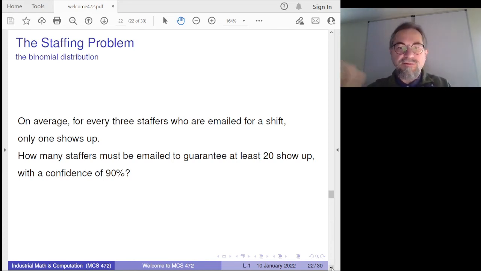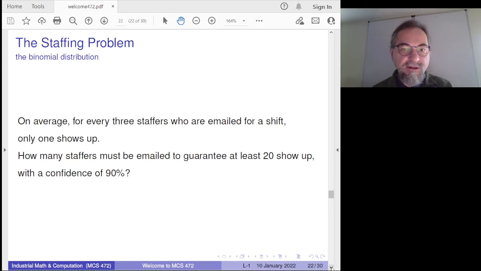So sometimes you make up your schedule the evening before, and not everybody reads their email for the shift the next morning, or some people have prior commitments and cannot come. So how many staffers should you email to guarantee that at least 20 will show up?